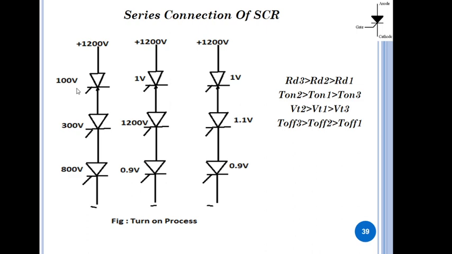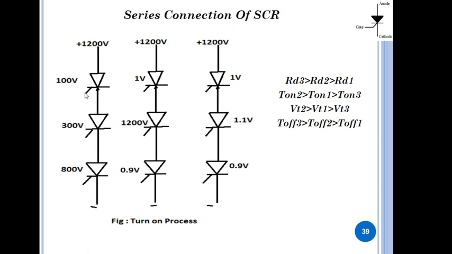Now, in the second step, we cover what happens during the turn on process. We observe the behavior of voltage distribution across the SCRs during the turn on process. Now we apply a trigger pulse to the SCRs, whatever the number of SCRs connected.